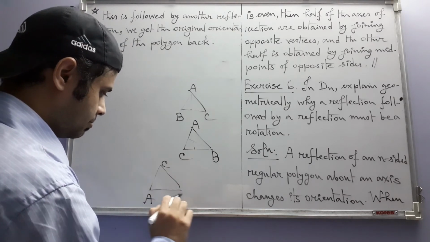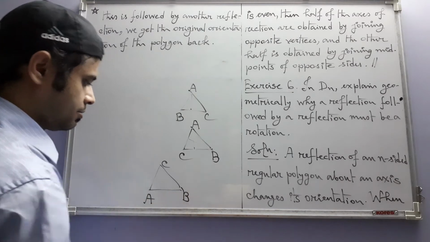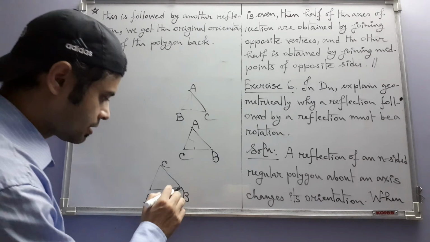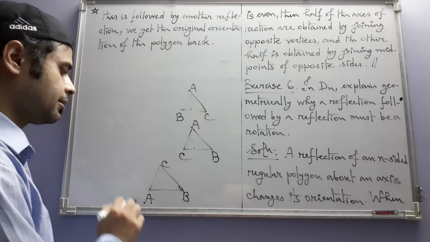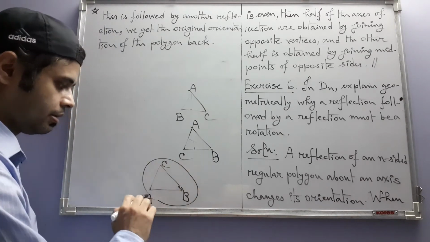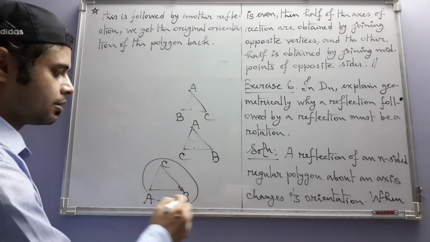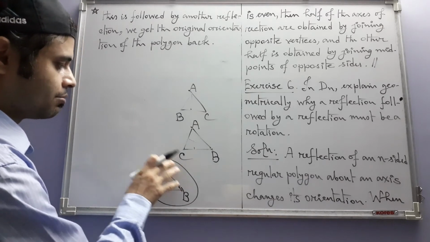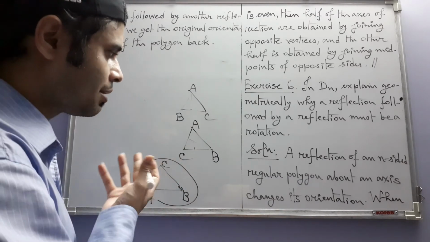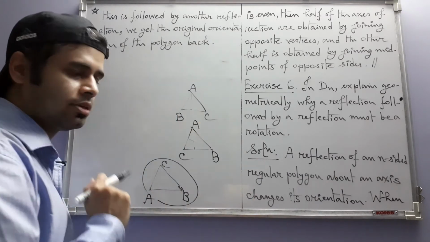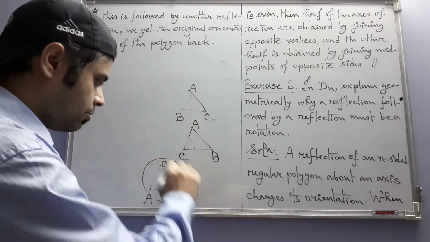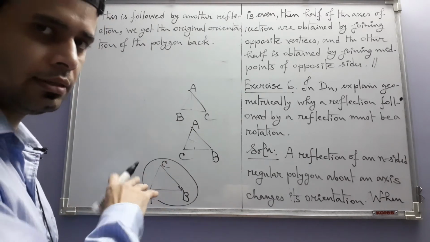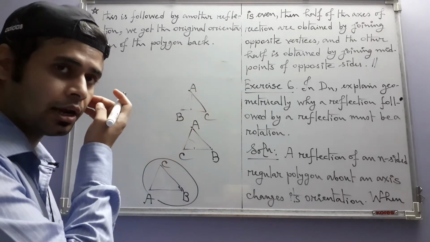A and C are interchanged, B stays the same. Then I again get that counterclockwise orientation, A, B, C. Of course, the positions of the vertices have changed. That's what I was saying when I said that from the triangle's point of view, I may look somewhat different after the two reflections, but the side of the triangle on which I lie will again be the same as the original one.